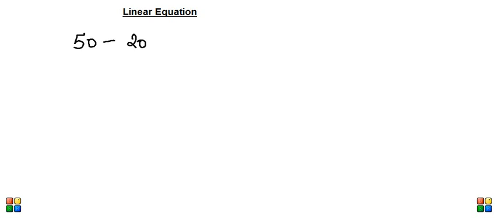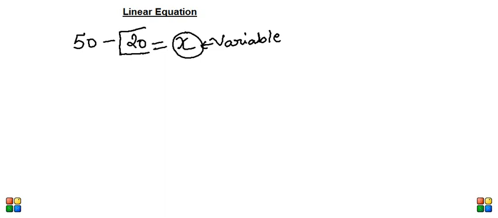So the value which I don't know I am considering as x, and this x is known as a variable, because it varies depending upon how much expenditure I am going to make. This 50 minus 20 will give me 30, which is equal to the value of x. That means the money which is left with me is 30 rupees.